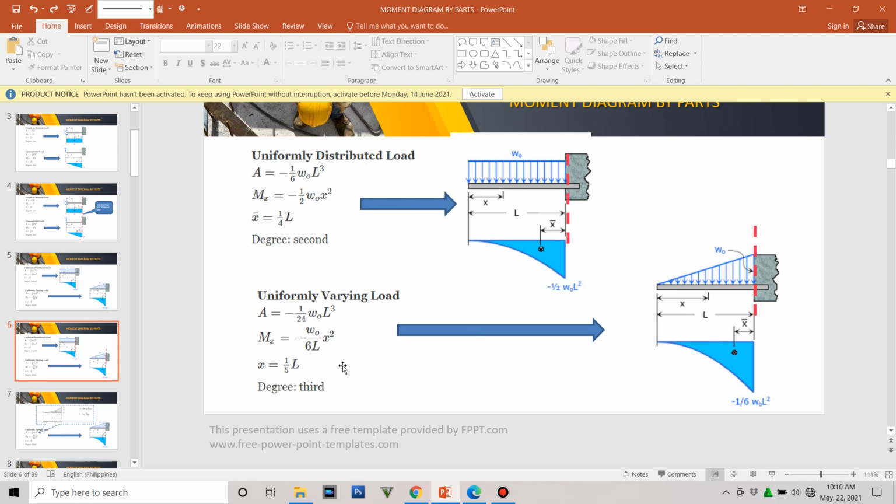And then, for the varying load, when it is triangular, I'll just give emphasis that you no longer choose the reference line.